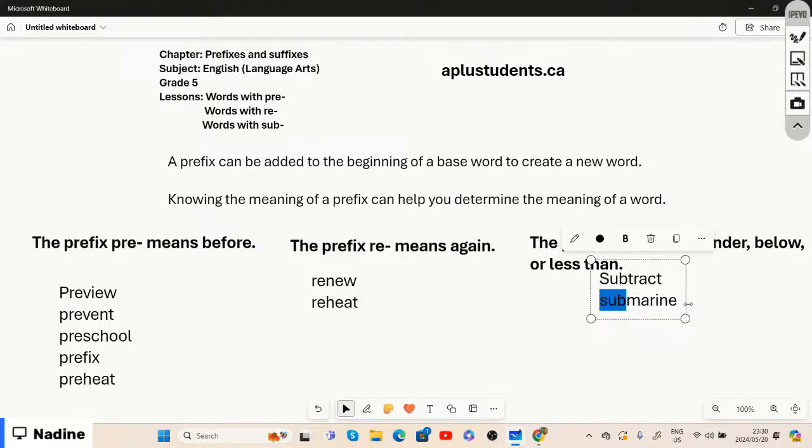We can also think of a word like substitute. I'm not sure if you had substitute teachers at your school, but a substitute teacher is not the actual teacher at the school. You're just coming to stand in for another teacher for that specific time.